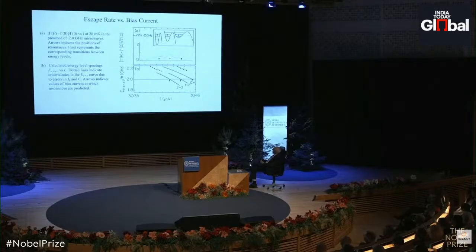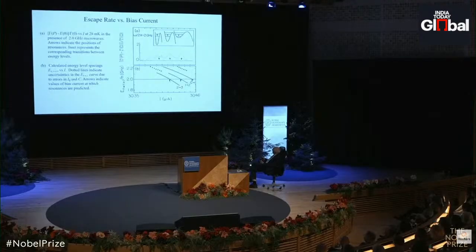So we started to investigate various properties, and here I'm showing the escape rate versus the bias current. And this is a plot of our parameter gamma P minus gamma 0 over gamma 0 in the presence of 2.2 gigahertz microwaves.